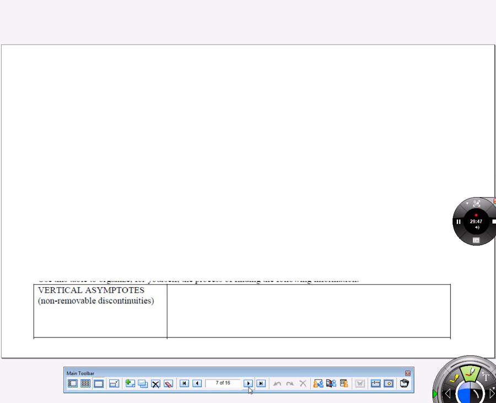Good. It definitely depends on the denominator. It's the values that make the function undefined. Vertical asymptotes are x values where the function is undefined. They'll always look like x equals a number.